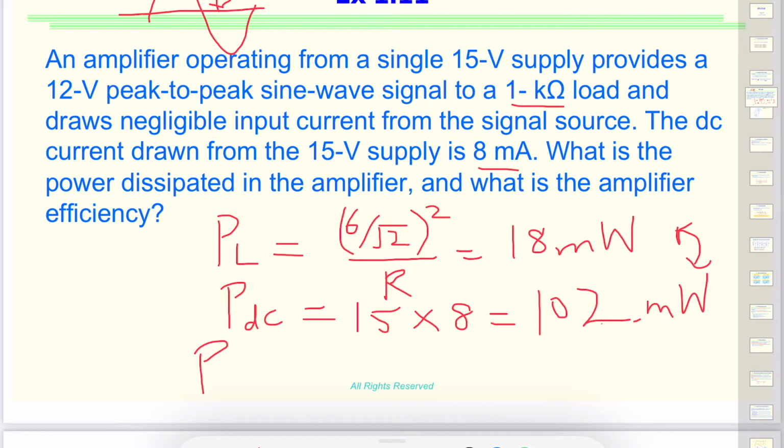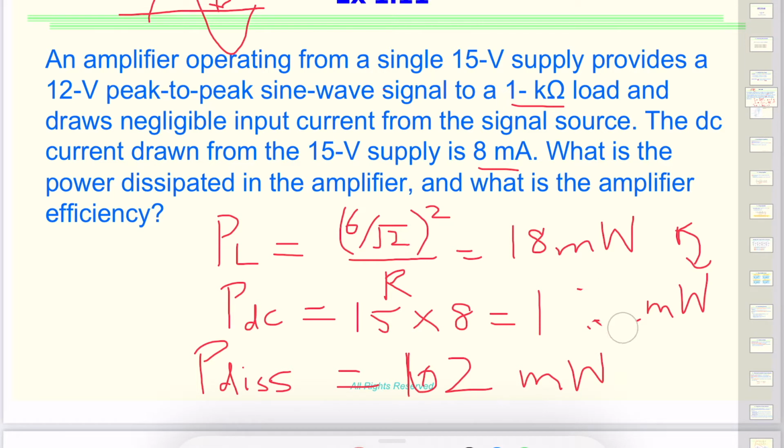If I were to find the power dissipated, that would be the difference of these two powers, 120 minus 18, and hence we get 102 milliwatts.